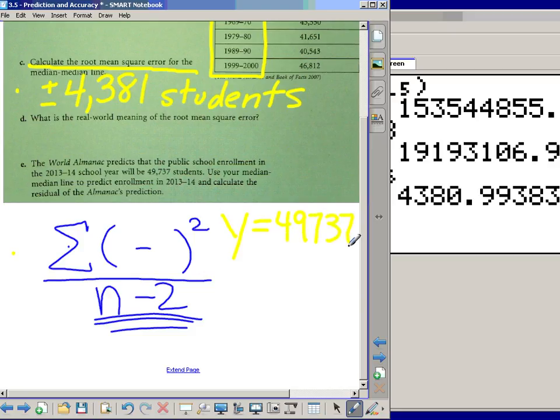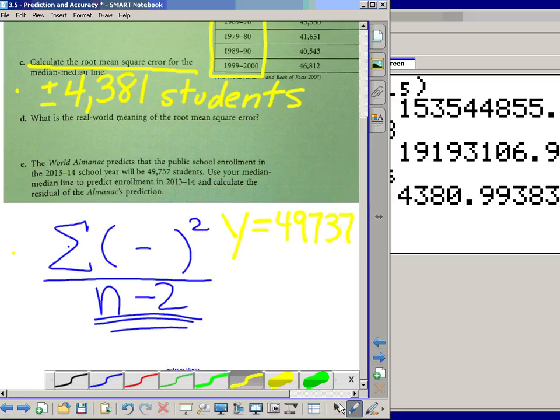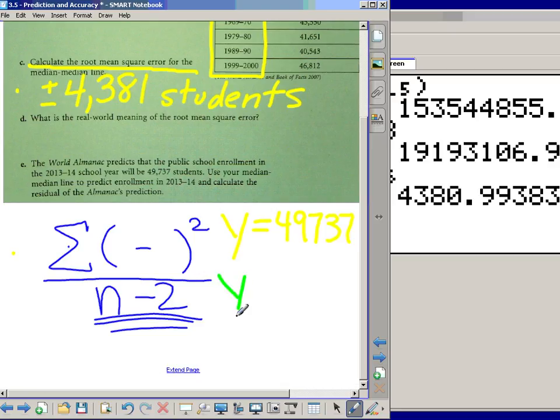Okay? 49,737. Let's use our equation to find Y hat. So the Y hat will be the value that we get in our equation by plugging in, drum roll please, what value should we plug in for X if we want the year 2014?